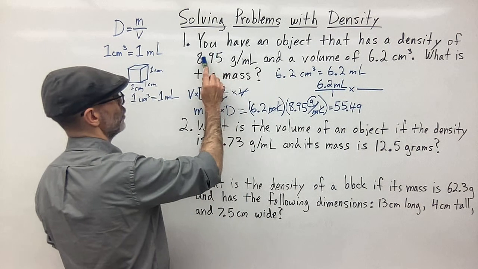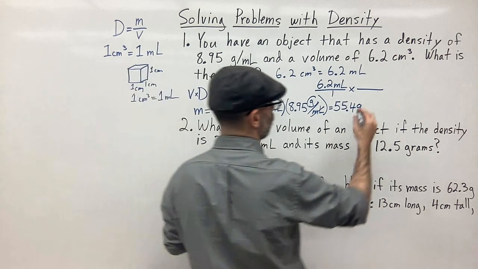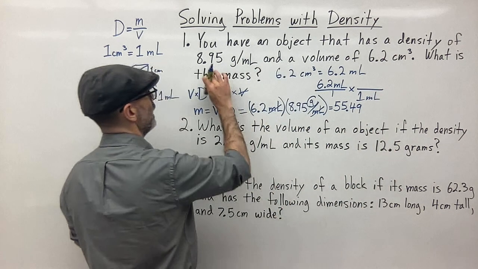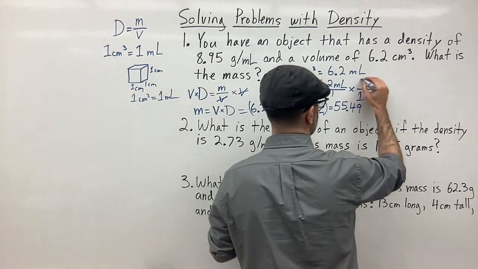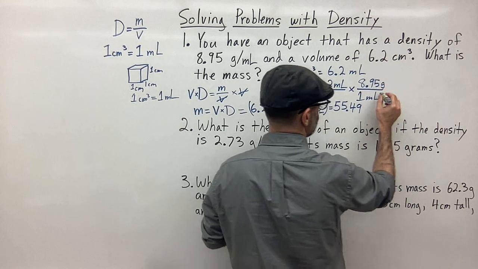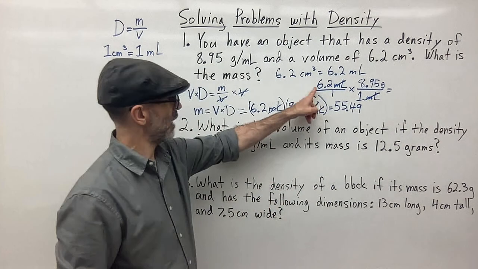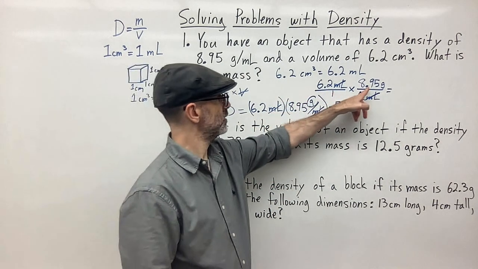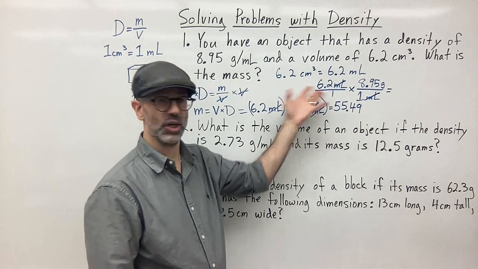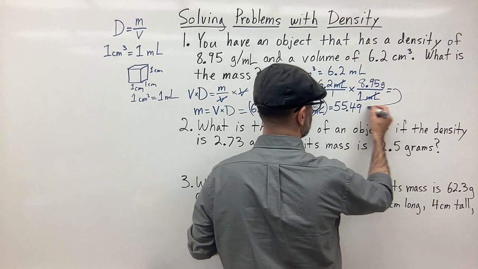For every 8.95 grams, it's 1 milliliter. So I put 1 milliliter on the bottom, and 8.95 grams on top. Milliliters cancels out again, and voila, I'm multiplying 6.2 times 8.95 grams, divided by 1, but you don't need to, and I get the exact same answer.